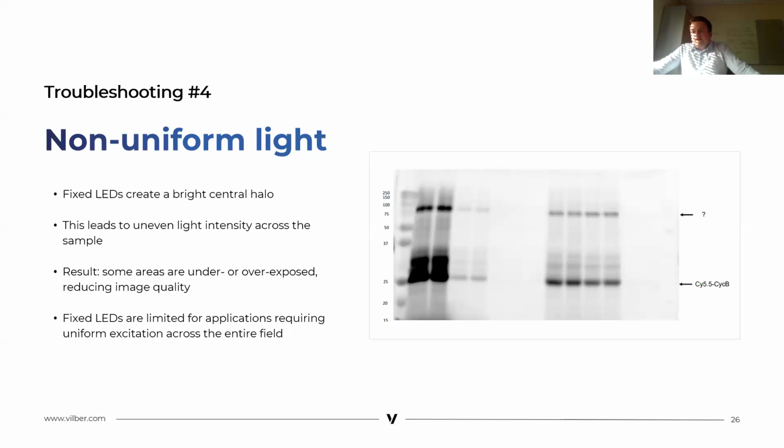Fixed LEDs are therefore limited for applications that require uniformity across the entire field. For example, if you have a big membrane, it will be impossible to have uniform light. So sometimes you don't detect your protein at the corner of your membrane, for example.